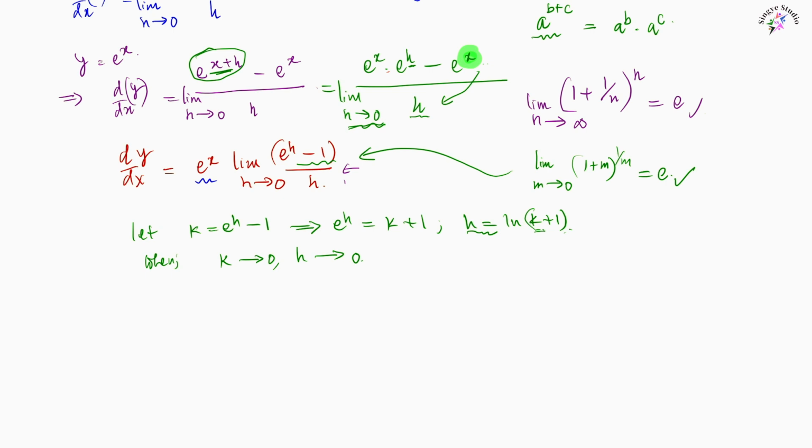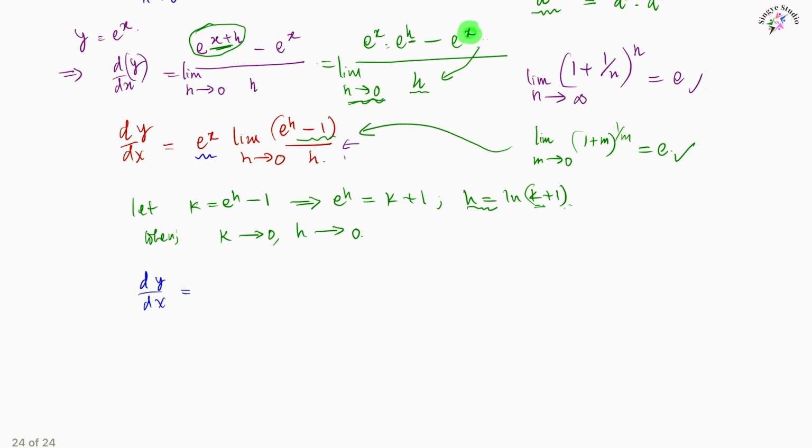So with this, we will modify this function and we will get dy upon dx equals e raised to x times the limit as k approaches 0, where e raised to h minus 1 is k, divided by h, and this h here is ln(k plus 1), right?